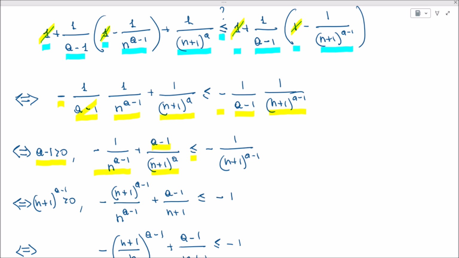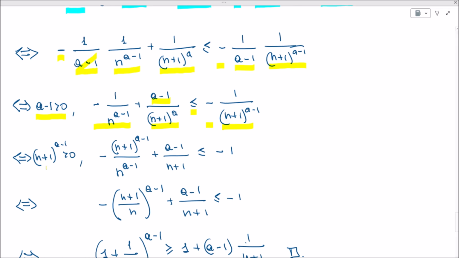This must be less than or equal to minus 1 over n plus 1 to the a minus 1. Again, we can multiply the inequality by n plus 1 to the a minus 1, because this, of course, is another positive number. And what we get is minus n plus 1 to the a minus 1 divided by n to the a minus 1, plus a minus 1.